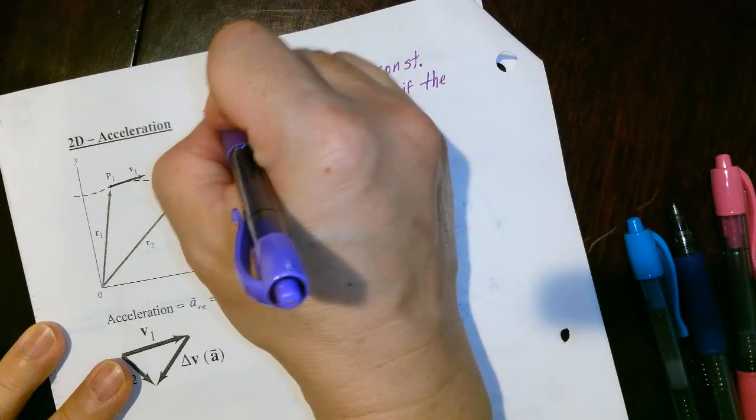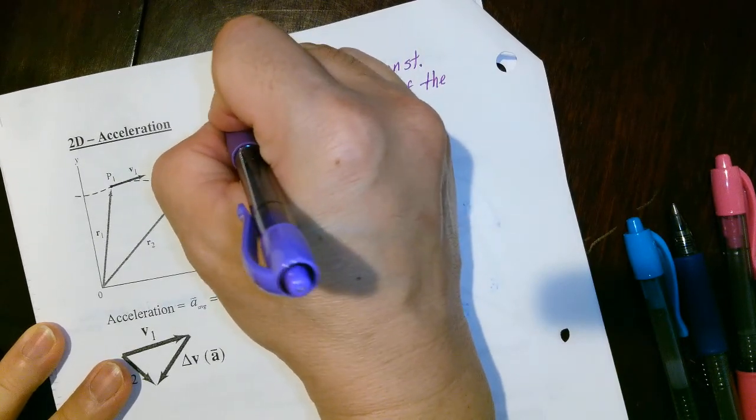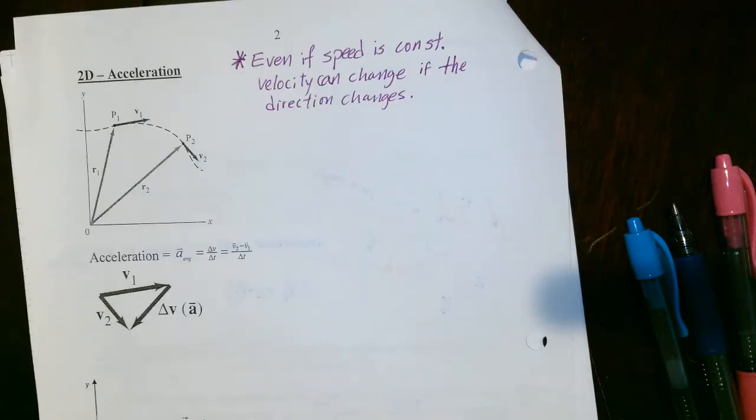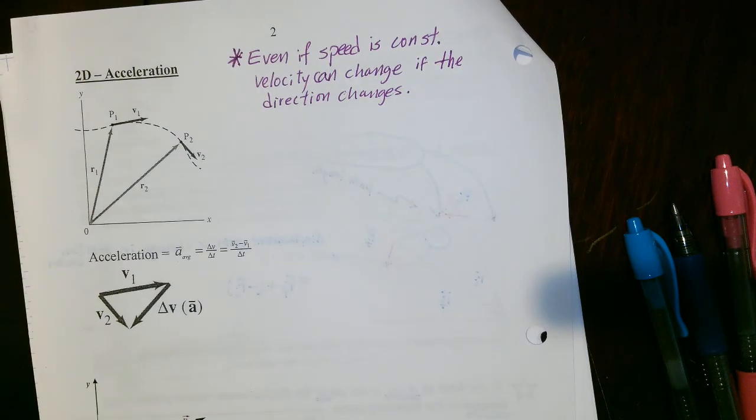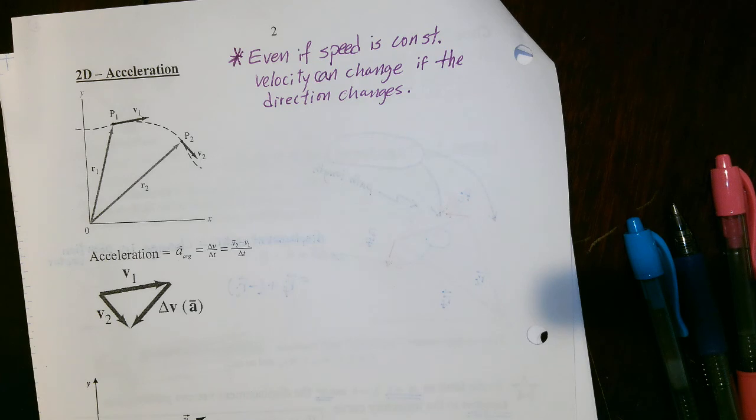So you can change velocity two different ways. Either change the magnitude of the velocity, which is the speed, and keep the direction the same, or you could keep the speed, the magnitude the same, and change the direction, and you can change velocity. Or you could do both simultaneously: speed up as you change direction, or slow down as you change direction.